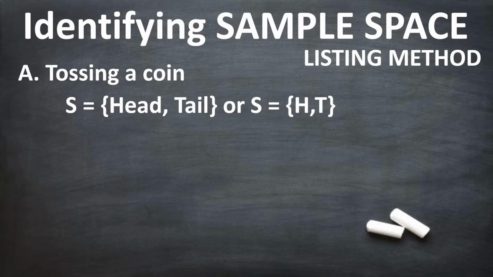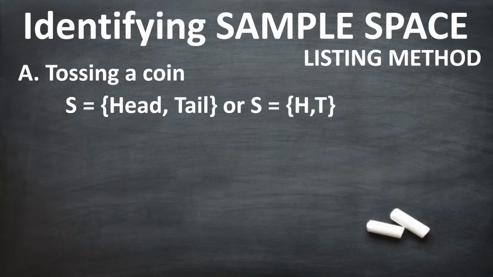When we define sample space as the set of all possible outcomes, and in defining a set, we must use a capital letter. And just to be unified, let's just use capital letter S in denoting the sample space. And then an equal sign, and then you have to enclose all the possible outcomes in a bracket, since it is a set, and this is the proper way of writing a set.